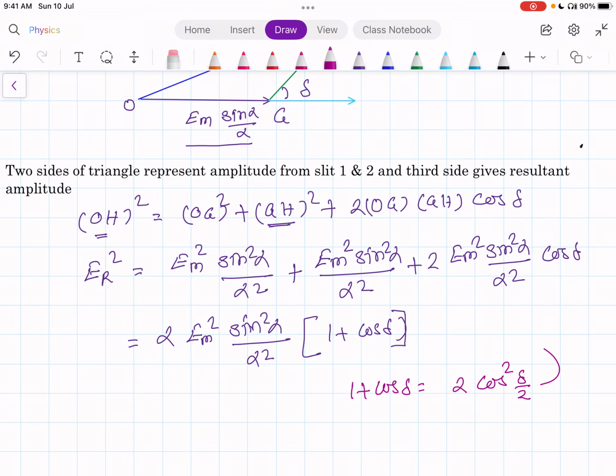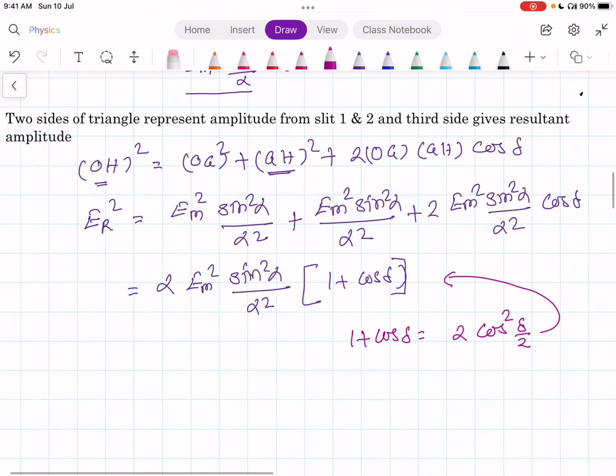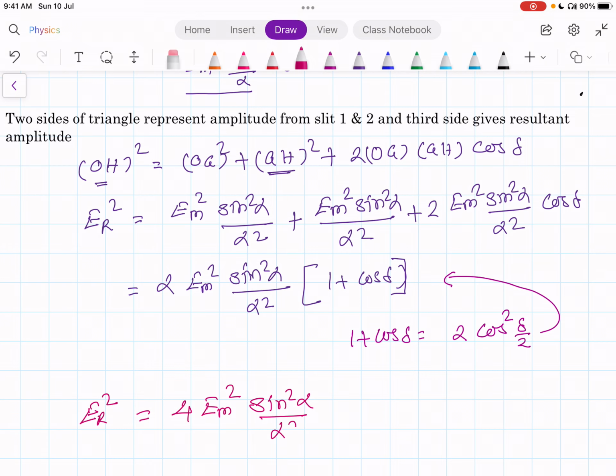So let us substitute this in the above equation. Then we get ER square is equal to 4 Em square sine square alpha upon alpha square into cos square delta by 2.